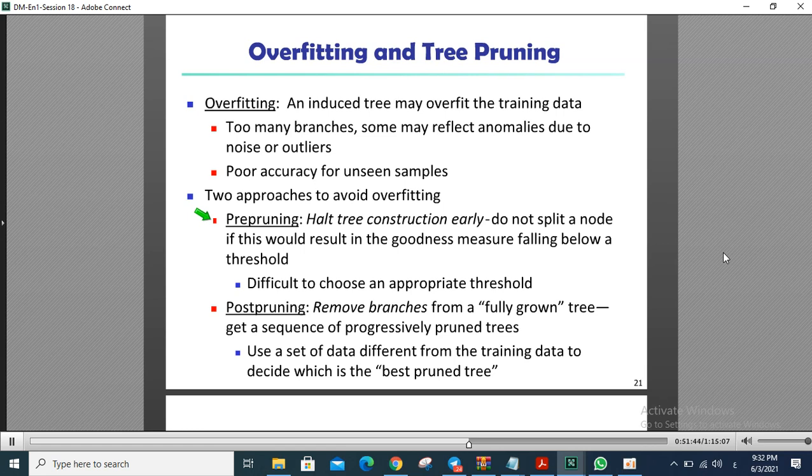I should define a goodness measure. Then I'm using that measure to find whether it is good to partition or split this node.